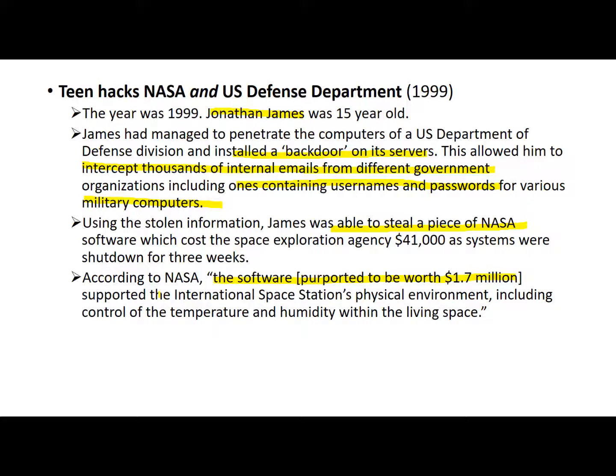This software, in fact, is used to support the International Space Station's physical environment, including controlling the temperature and humidity within the living space. So that's very important software.